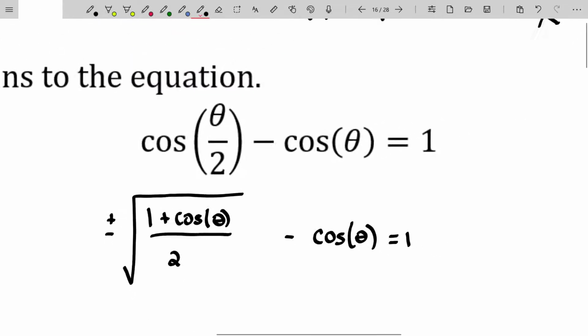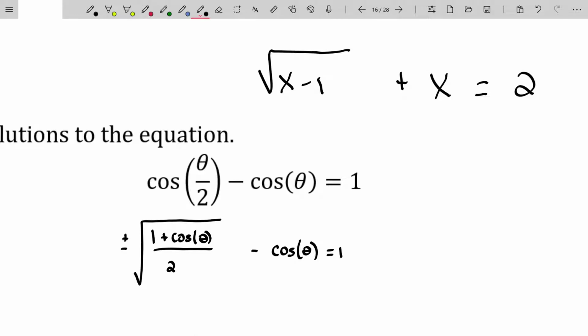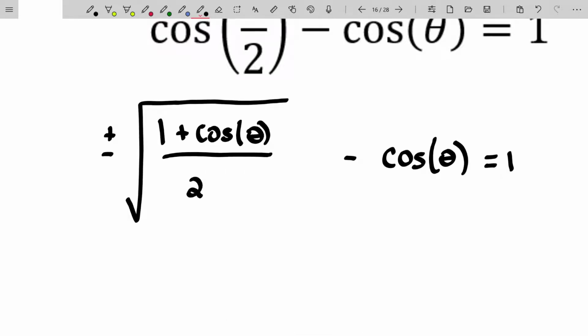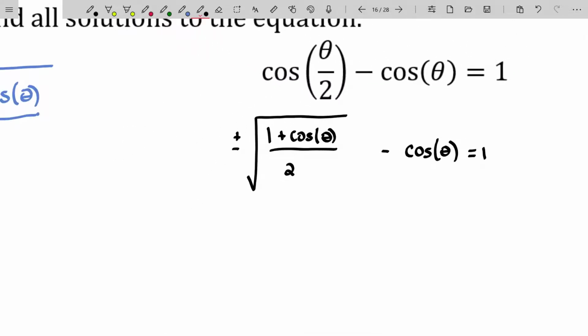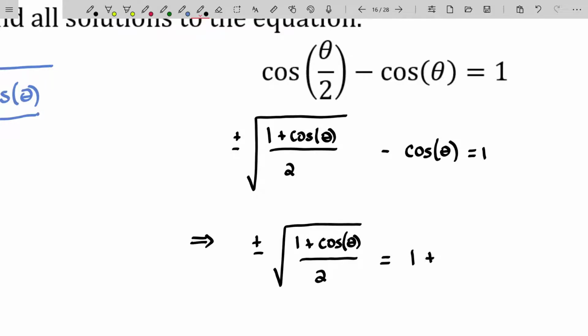And now you can see why I had that conversation in the beginning about when you have a radical equation and you have to square both sides, you're going to have to check your solutions in the end to see if things are extraneous. Because guess what? We have a radical equation in trigonometry. I'm going to add cosine to both sides to start isolating the radical. So here we go. Implies I have plus or minus the square root of 1 plus the cosine of theta over 2 is equal to 1 plus the cosine of theta.